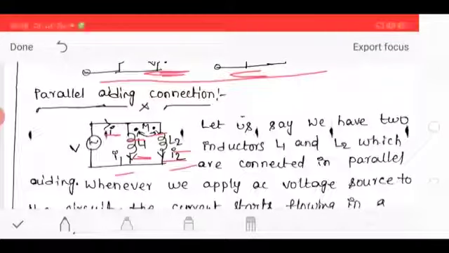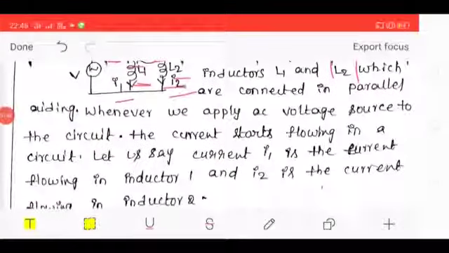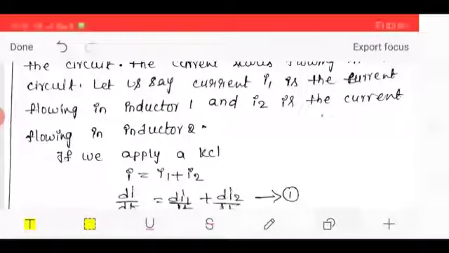So let us say we have two inductors L1 and L2 which are connected in parallel aiding connection. Whenever we apply an AC voltage source to the circuit, current starts flowing in the circuit. Let us say I1 is the current flowing in inductor 1 or coil 1, and I2 is the current flowing in inductor 2 or coil 2.